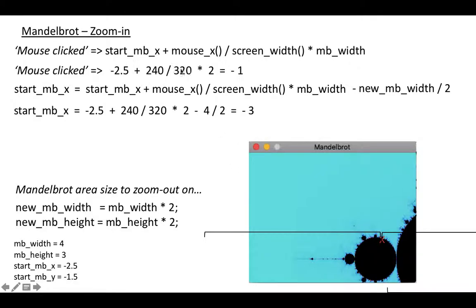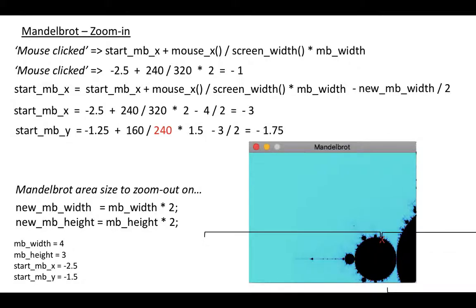So once again, I've plugged in some numbers. I've gone 240 for the width, and I've also gone 240 here, but minus half of the new Mandelbrot width, we get -3. So it's actually going to start to build it out from -3, which is kind of further out than the -2.5, but you'll see how this works in just a tick.